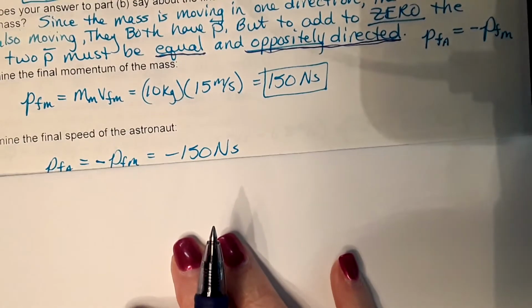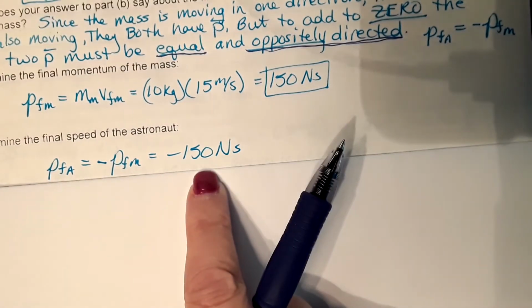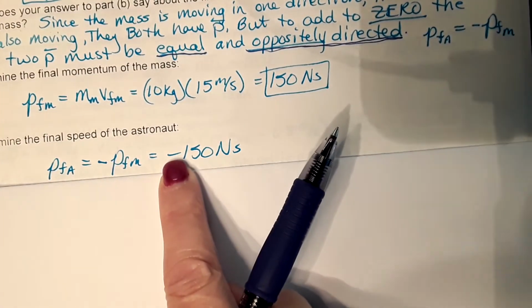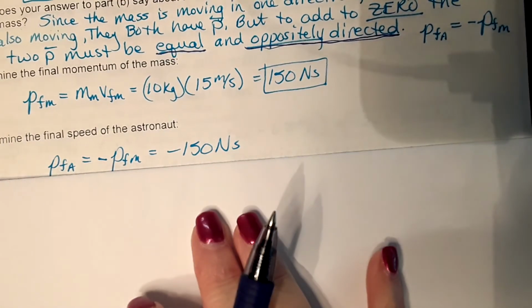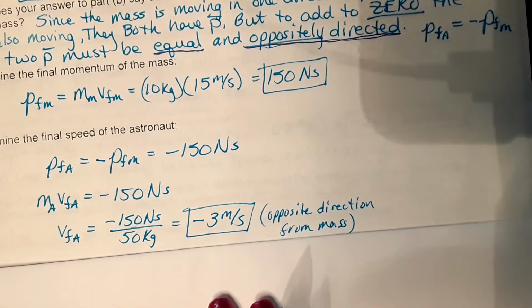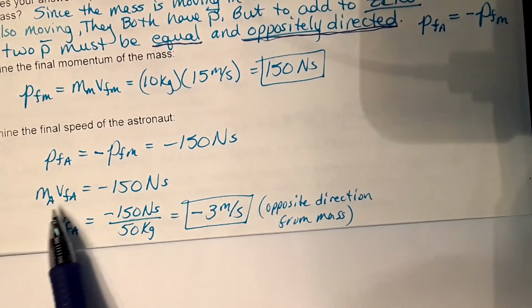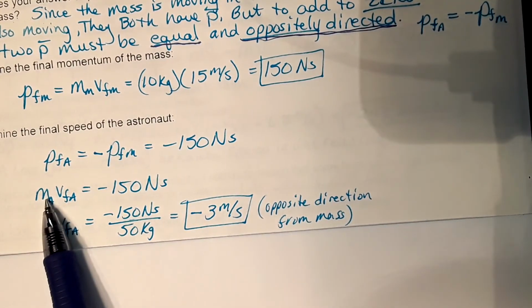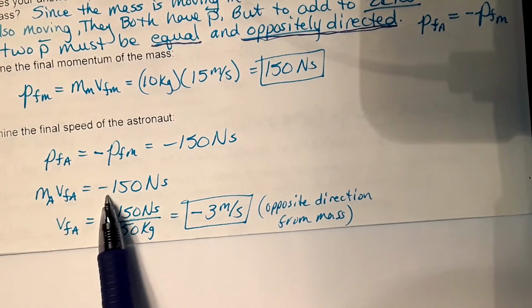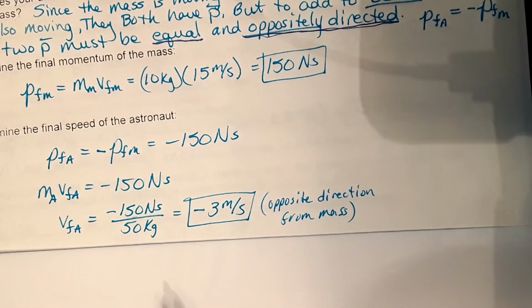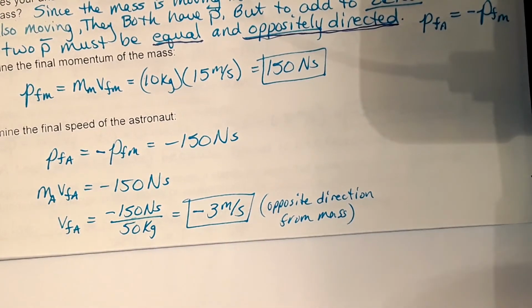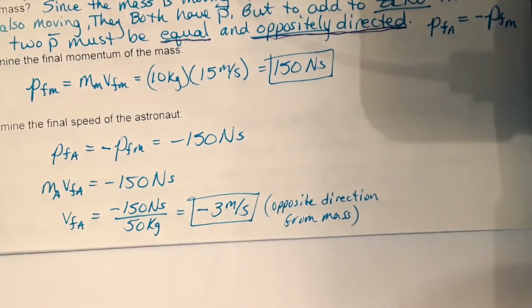Well, it should also be 150 newton seconds, but in the other direction. So now knowing the man's final momentum and his mass, we can determine his final speed. So set the mass of the astronaut times his final speed equal to the final momentum that he has, and you get -3 meters per second in the opposite direction from the mass.